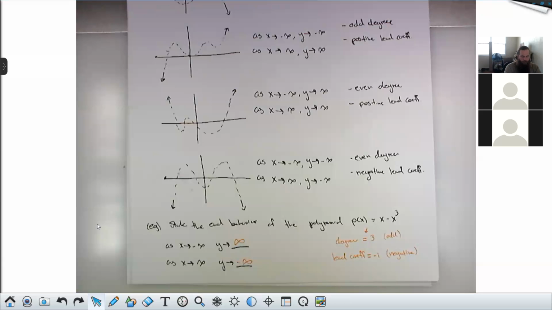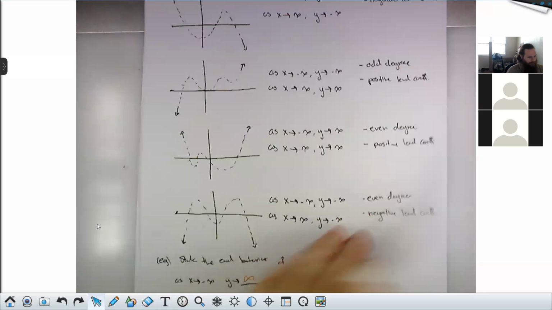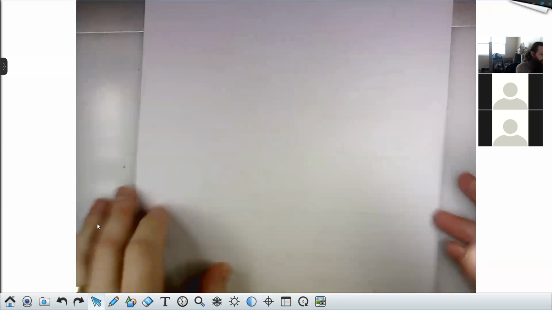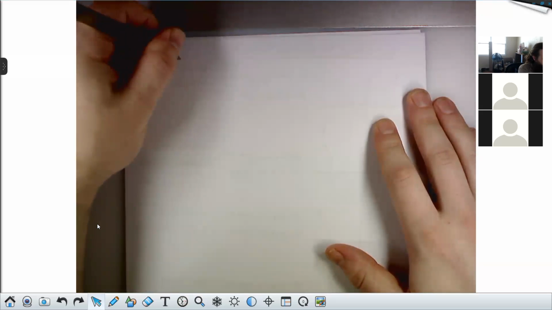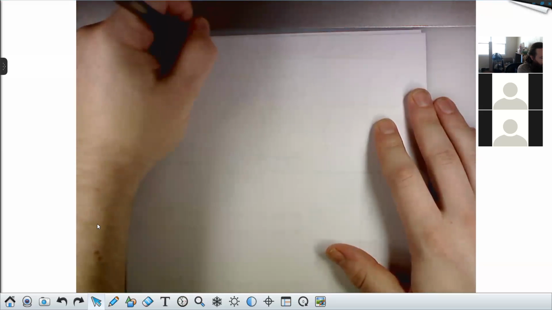Okay. So the last thing I'd like to do is show you a few factoring tricks. And this is where we will pick it up next time. Factoring polynomials.